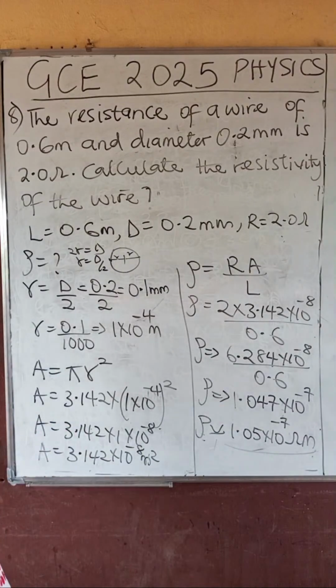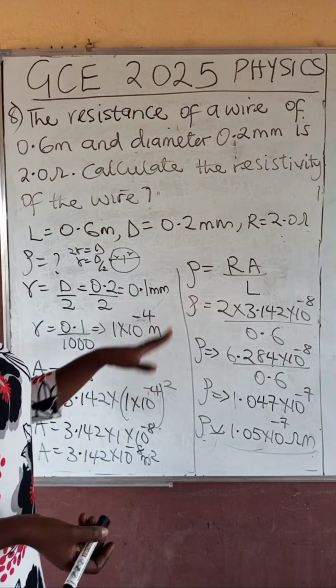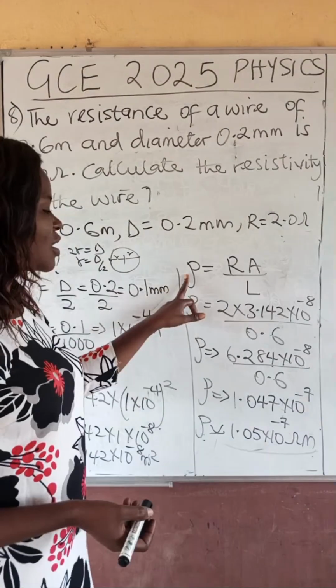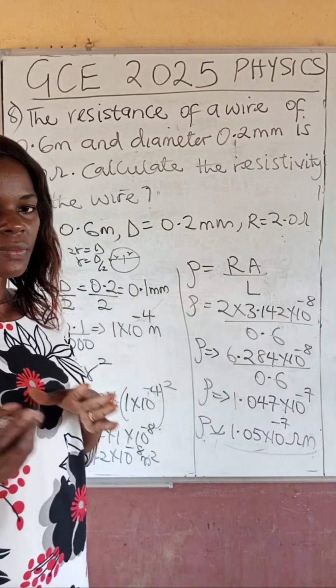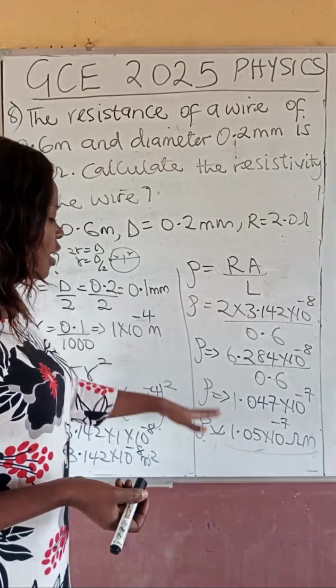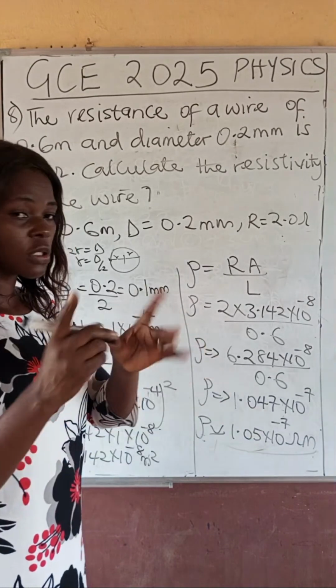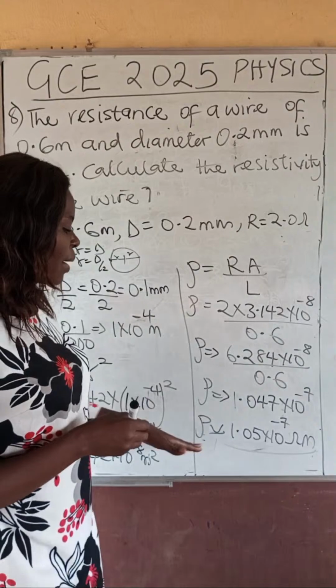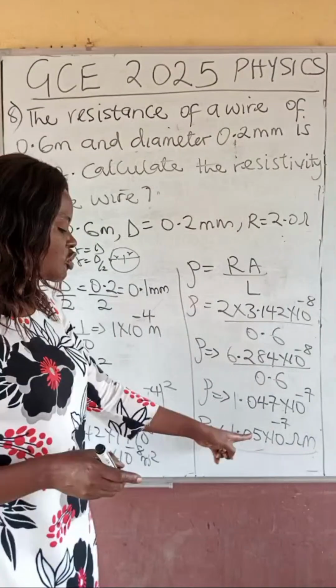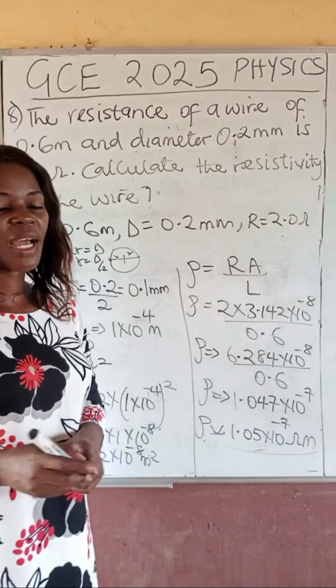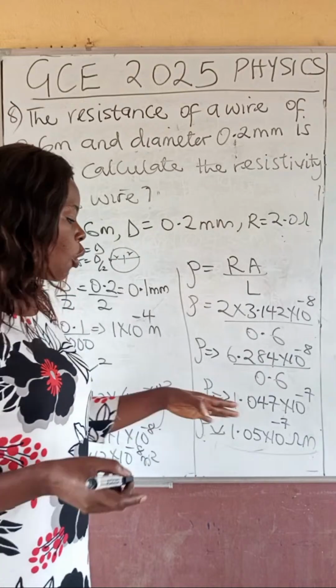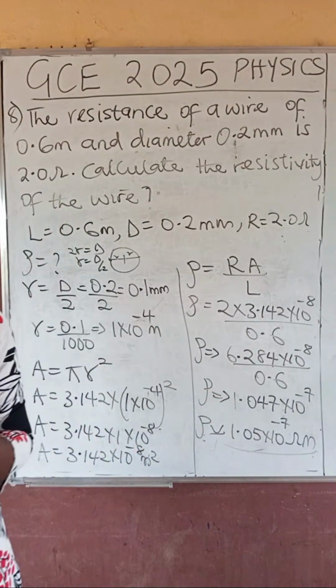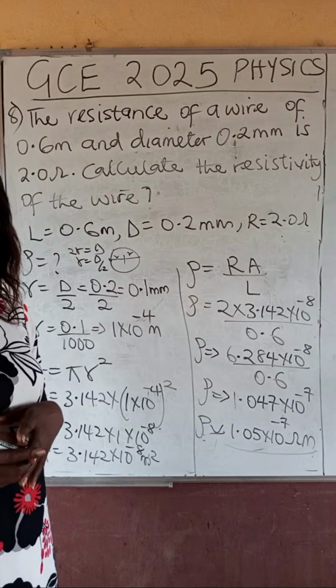Then for me to solve for resistivity, I have rho is equal to RA over what? Length. Now I substitute everything I have, and my answer becomes 10 exponent minus 7 ohm meter, and that gives us the value of our resistivity. Is that clear?